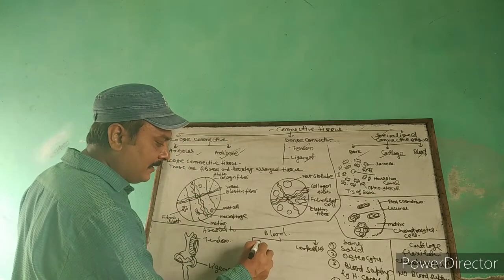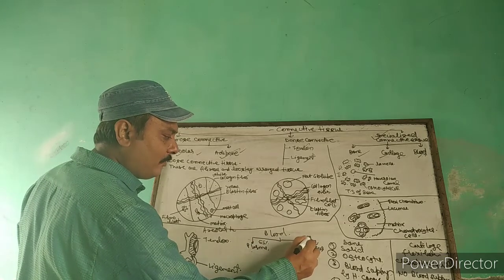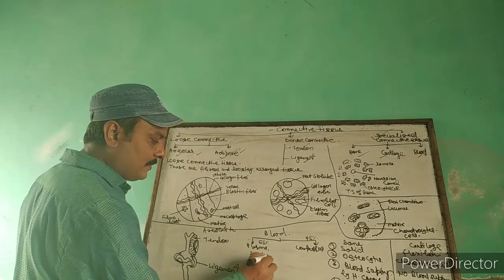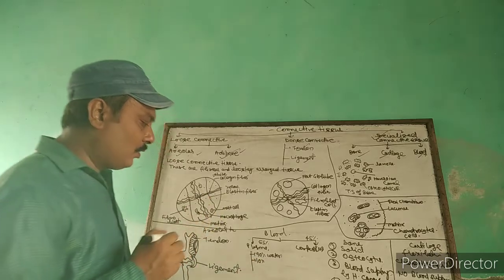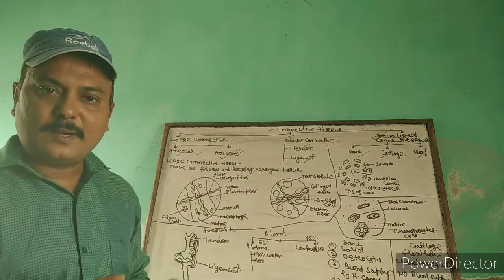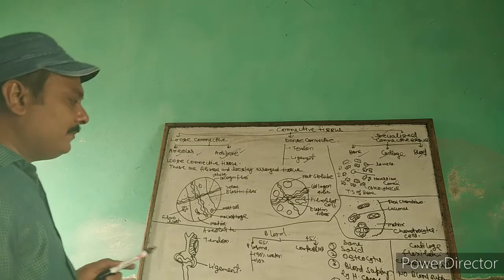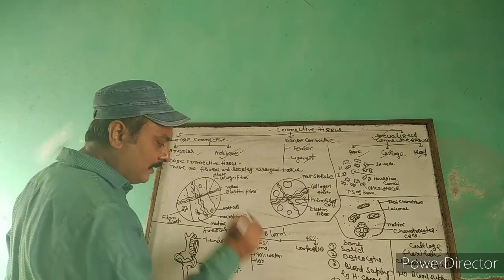Plasma is 90% water, and the remaining 10% are dissolved things inside the blood, like glucose and other things, hormones, enzymes, excretory waste, all of the dissolved things in the 10%.